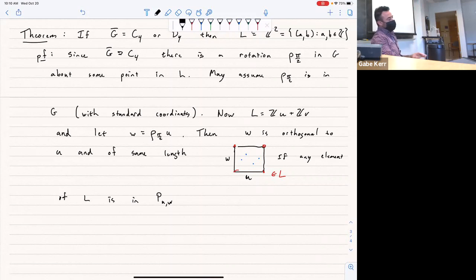Well, I should have said, I want to choose U to be of smallest length. If U wasn't of smallest length, then V would be, you can switch it. So assume U is of smallest length.